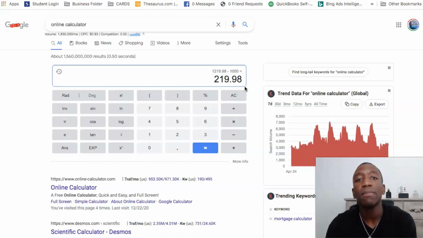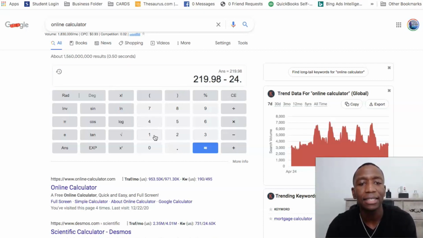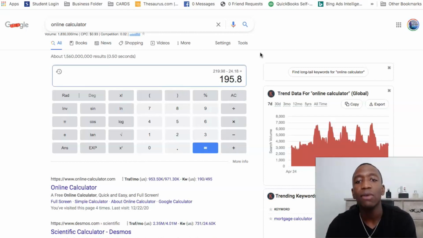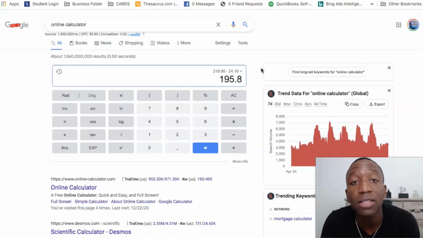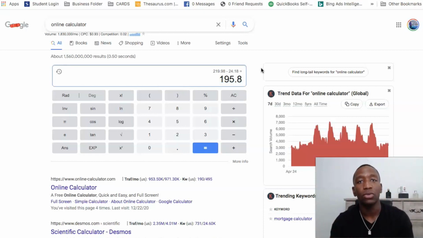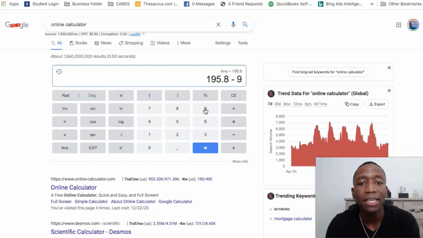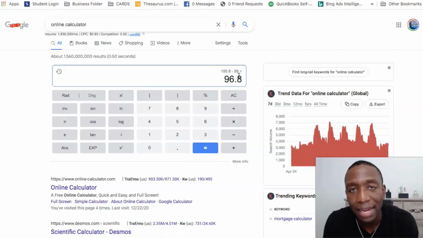So to figure out what we made this month in dollars, we're going to minus, what was it, $24.18? Yep. That would give me $195.80 profit for the month. Now, if we get even more into it, where we subtract the subscription, which is $99, that means $96.80 in profit for this month right here.